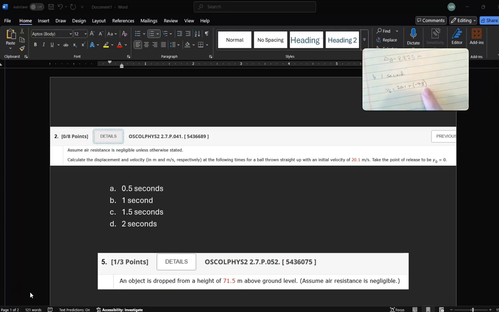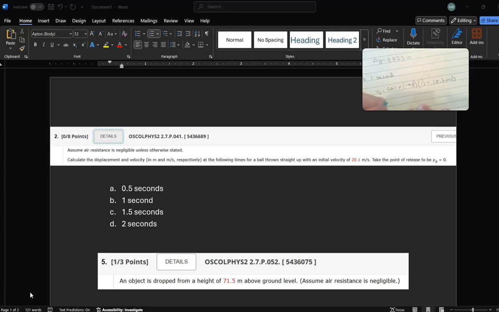That's why we have negative for our acceleration due to gravity. After 1 second, if we take 20.1 plus a negative 9.8 times 1, I end up with 10.3 meters per second for my final velocity.